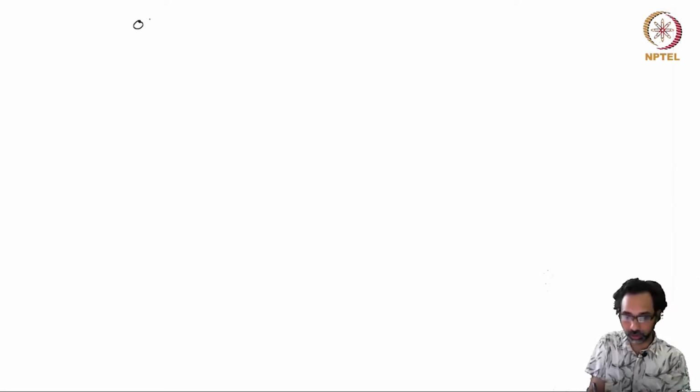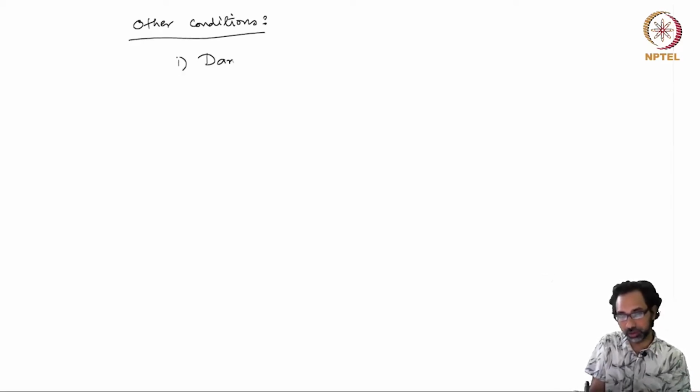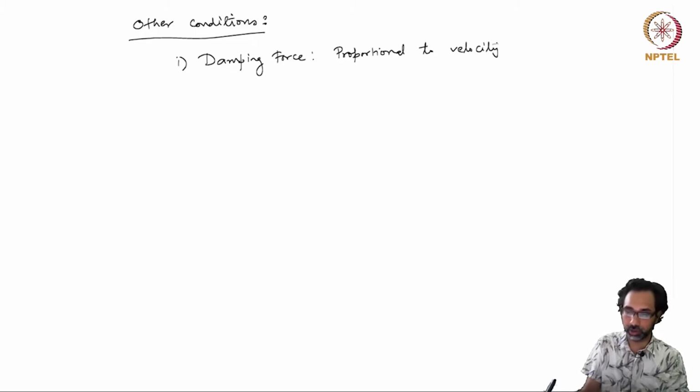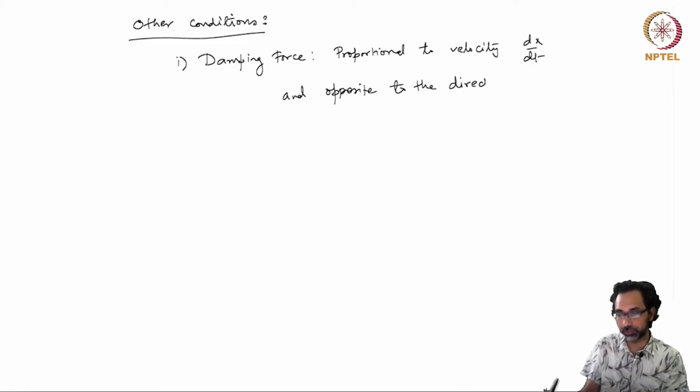Let me write down some other conditions. The first is called the damping force. This damping force is proportional to the velocity of the particle, the velocity dx over dt, and it is in the direction opposite to the direction of motion.